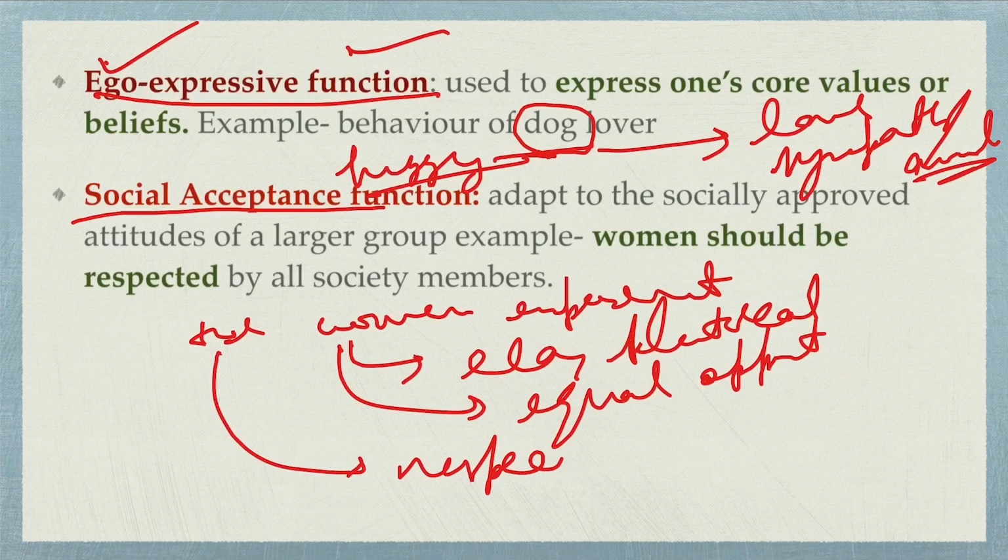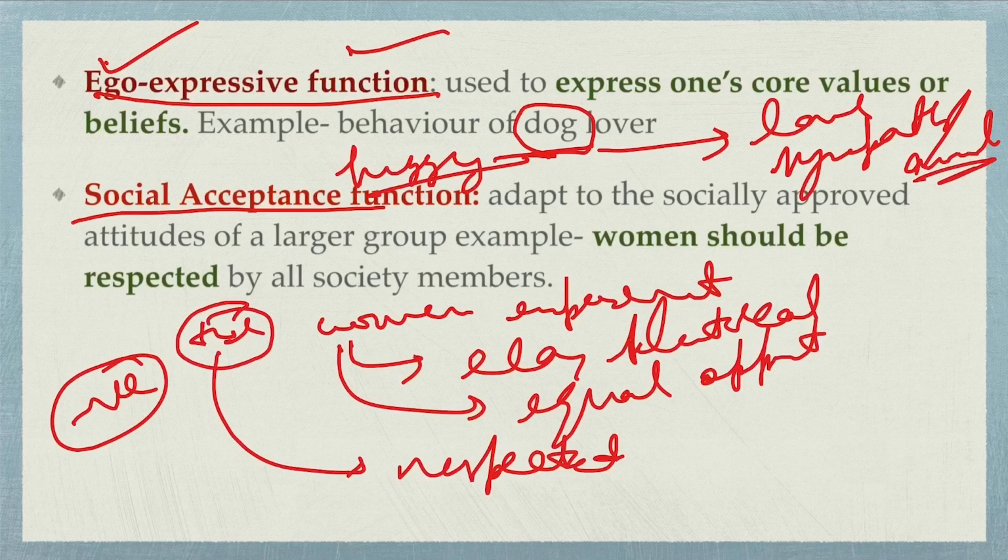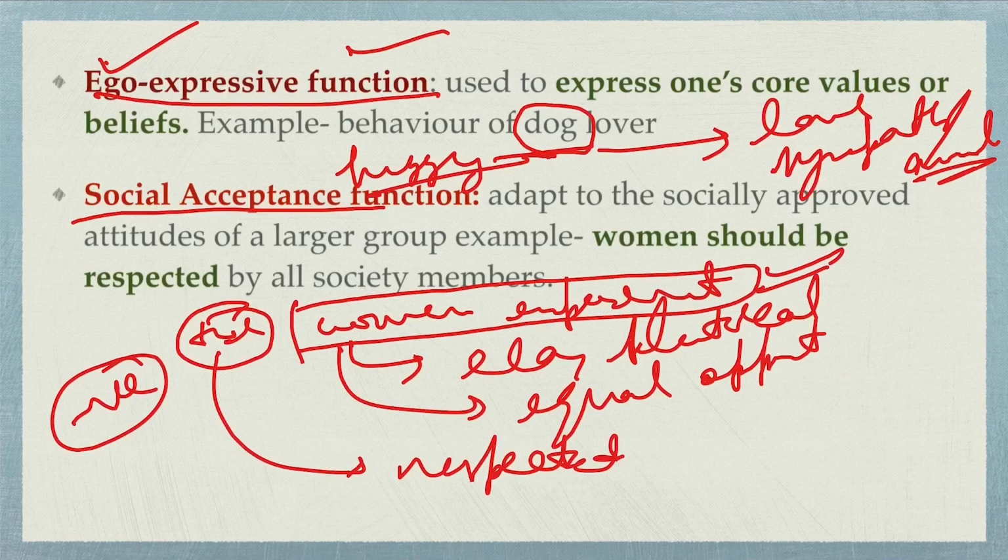But if you have a negative attitude, then most probably you will be discarded by society. Now this shows that if you have positive attitudes where society also wants that you should have this attitude, it means if you have favorable attitudes towards what exactly society wants, then your acceptance by society will be higher.